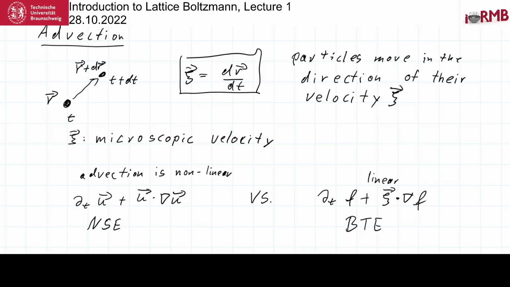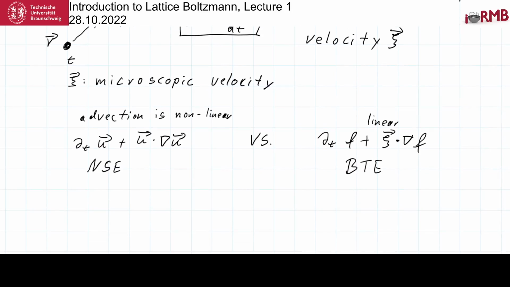So there is no nonlinearity in the advection operator, which is one of the big advantages of the Boltzmann equation, even though the Navier-Stokes equation is only in 4 dimensions, so it is space and time. The Boltzmann equation is in 7 dimensions. But therefore we have a linear advection operator. But then we have to deal with the collision, which is the thing that now becomes more complicated.